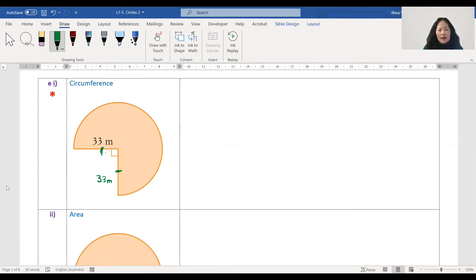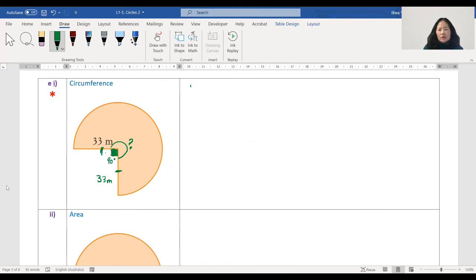We don't have the angle here, whereas in the other ones, we were given the angle. But the good thing is we have the other angle here, 90 degrees. So I think we can manage to find this unknown angle right now.